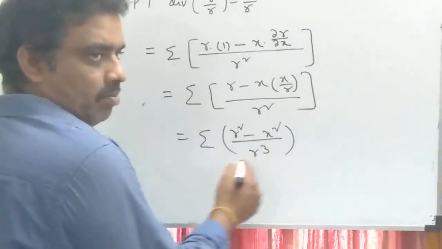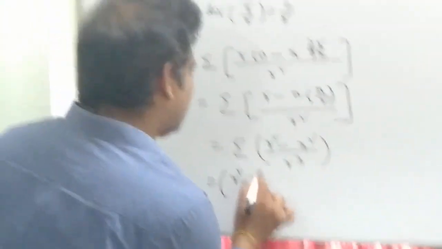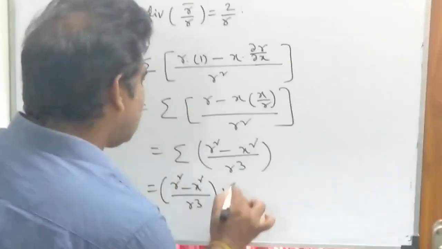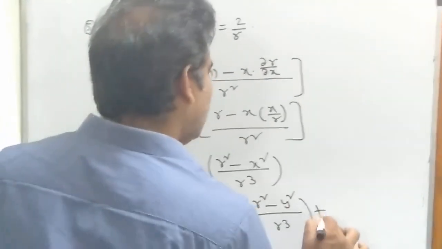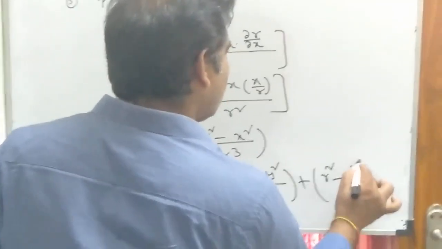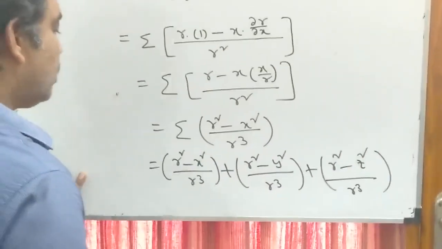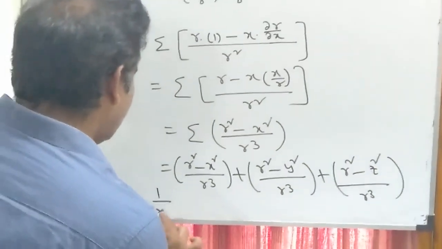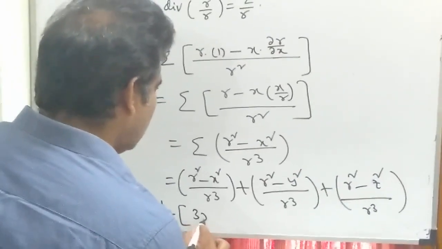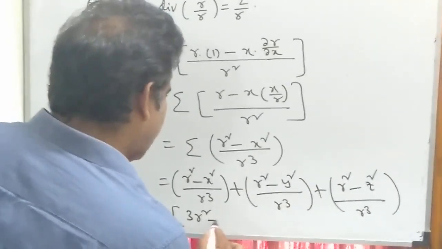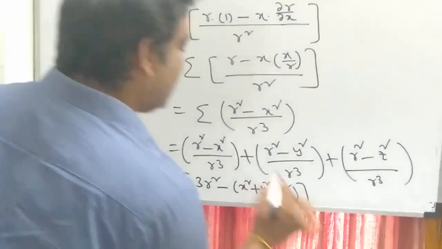So this is for one term. On expanding the summation, you will get 3 terms. First term, r square minus x square by r cube, plus similarly for the y term, r square minus y square by r cube, plus for the z term, r square minus z square by r cube. So 1 by r cube is a common term. Here r square plus r square plus r square is 3r square, and taking the minus sign outside, x square plus y square plus z square.